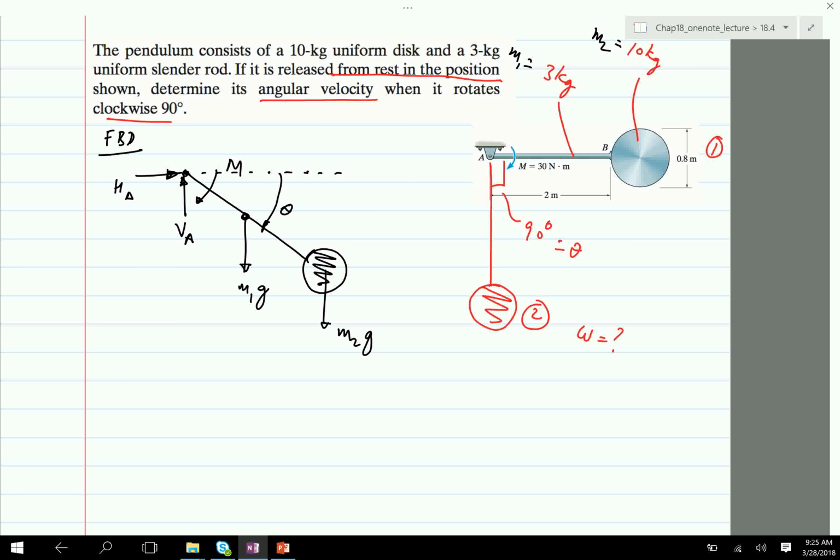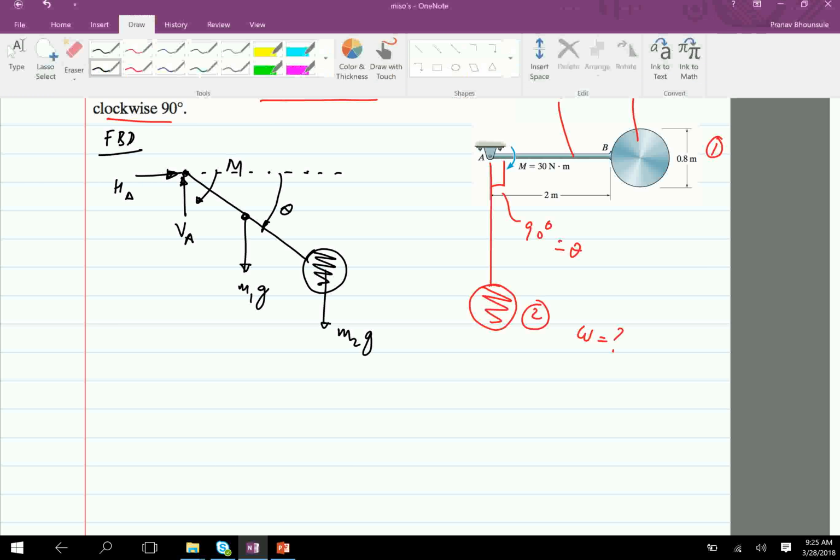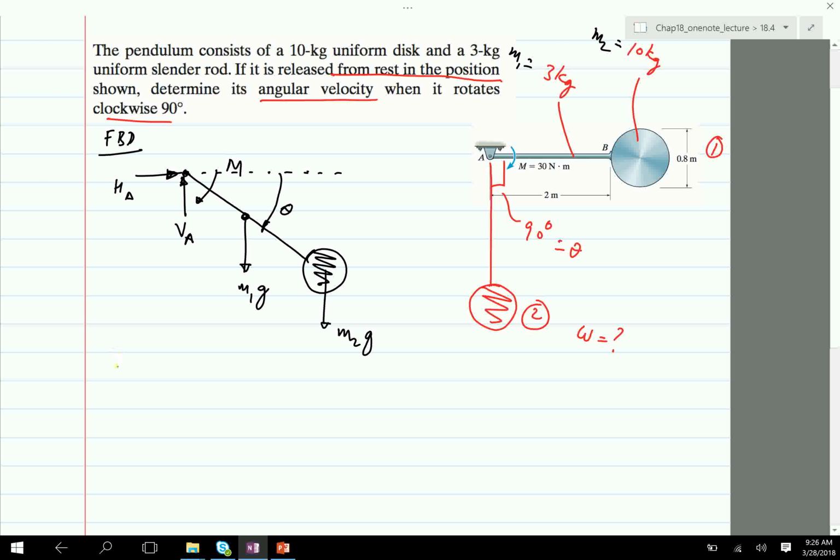But as I said, the easier way is to use the principle of work energy because of what is asked, speed as a function of theta. So the principle of work energy states that T1 plus U12 is T2. Okay, so T1 is going to be 0, the release from rest.